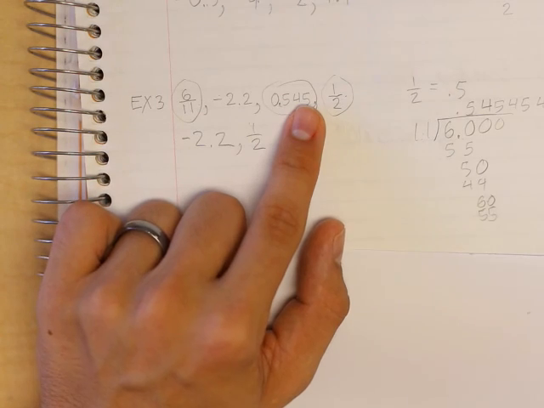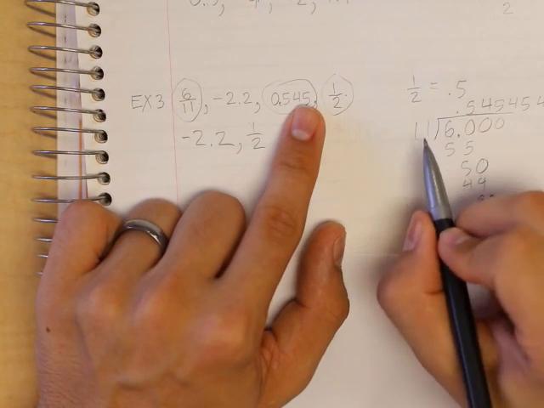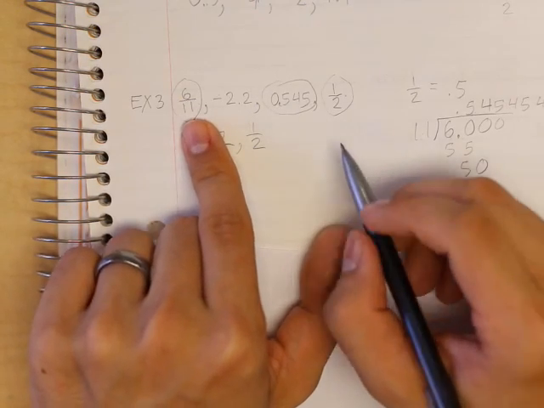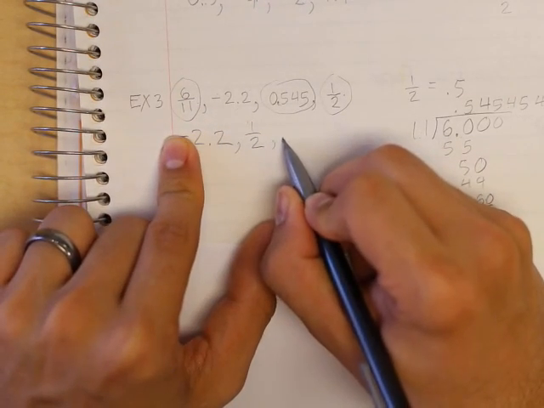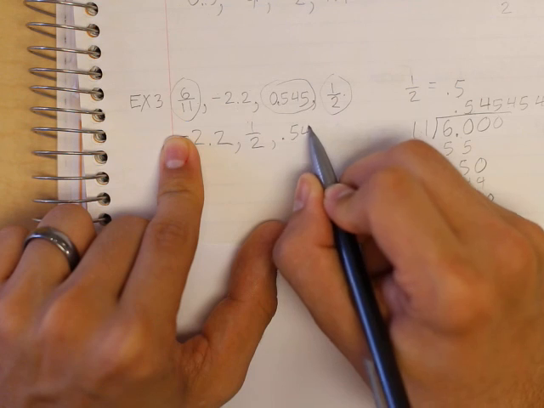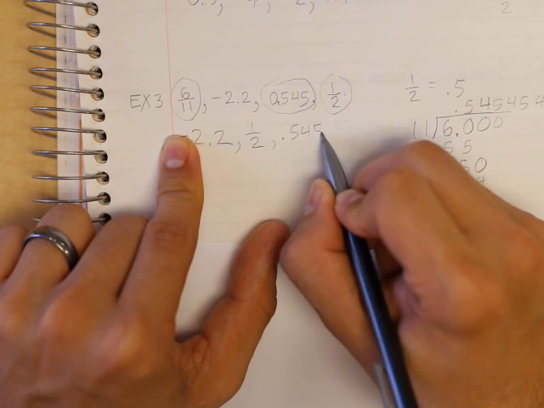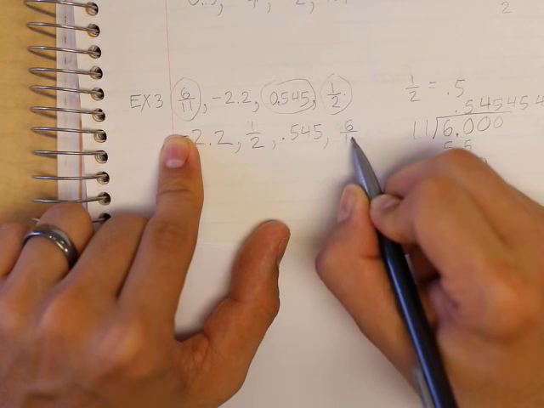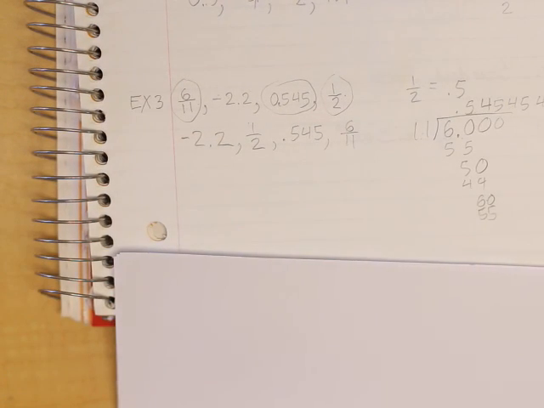You get the point. So this number is actually slightly bigger, which was this fraction right here. So the next number is 0.545. And then the biggest one is 6 over 11. And that is how that works right there. Remember, questions, write them down.